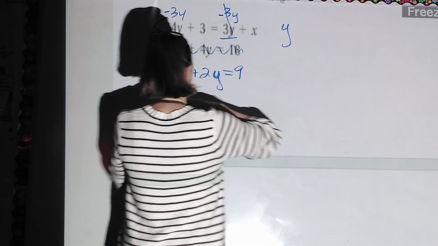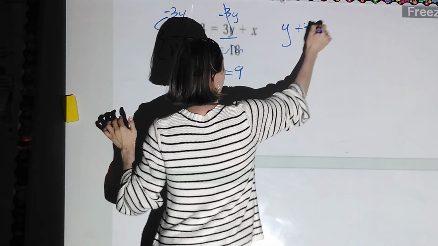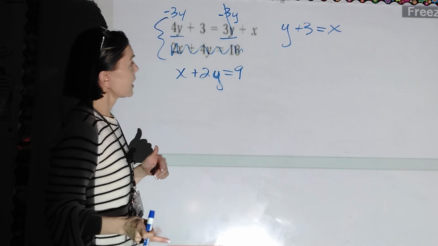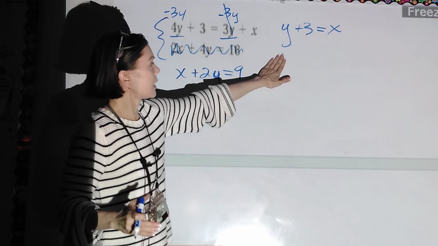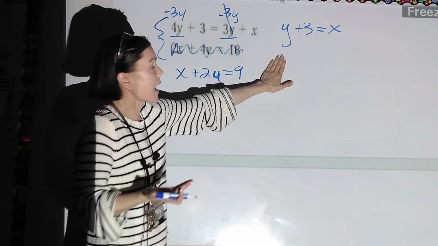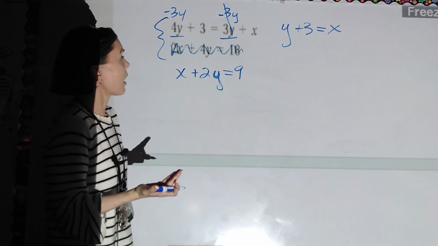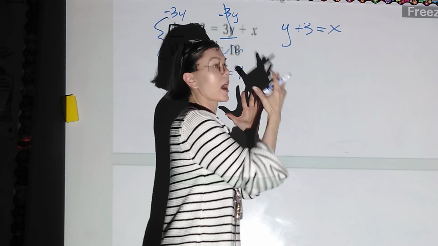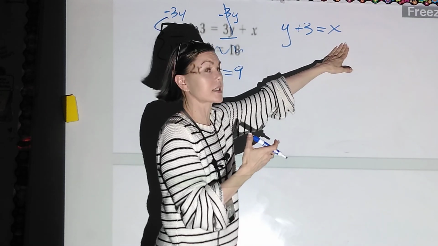And we have y plus 3 equals x, okay? It's already solved for x, but some people kind of get weirded out by it because the x is on the right side.